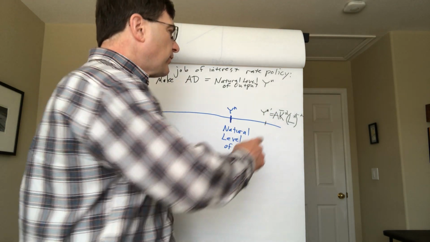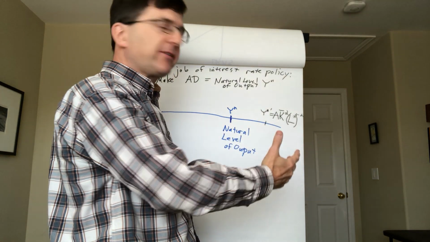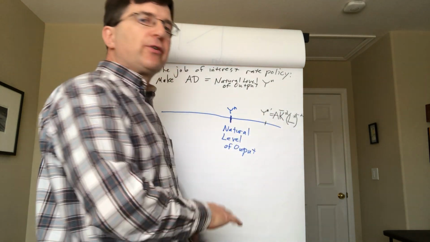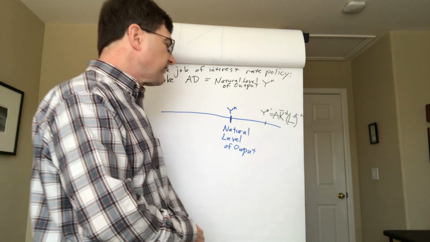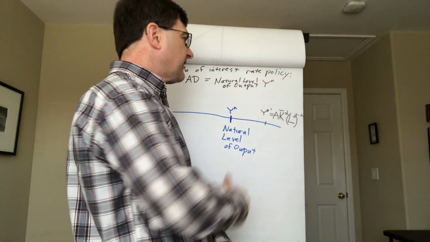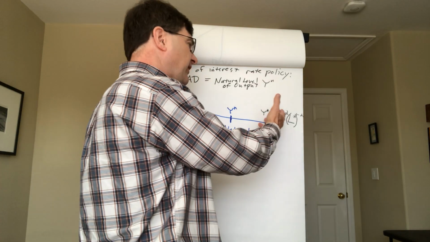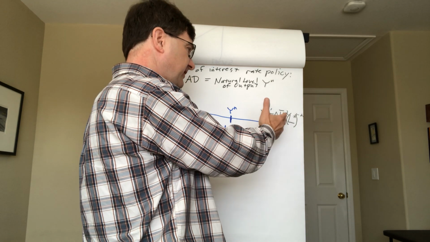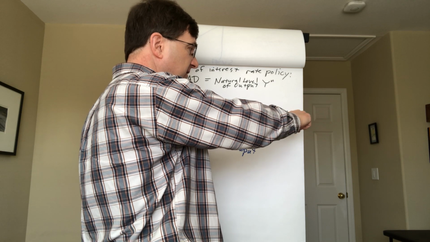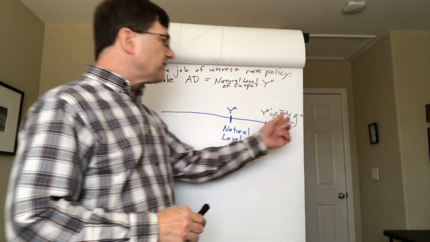So if technology improves, the natural level of output goes up, the Fed needs to cut rates. The capital stock will change very slowly, so that certainly goes into figuring out the natural level of output, but there's not going to be a sudden shock to that, short of a bunch of factories being bombed and destroyed. And then you have worse problems than just worrying about monetary policy, though you still have to worry about monetary policy.